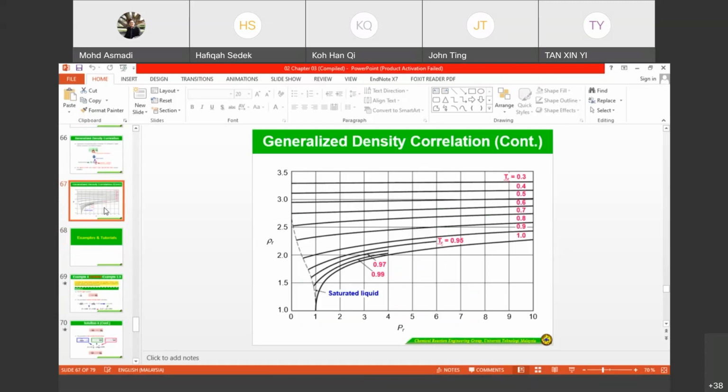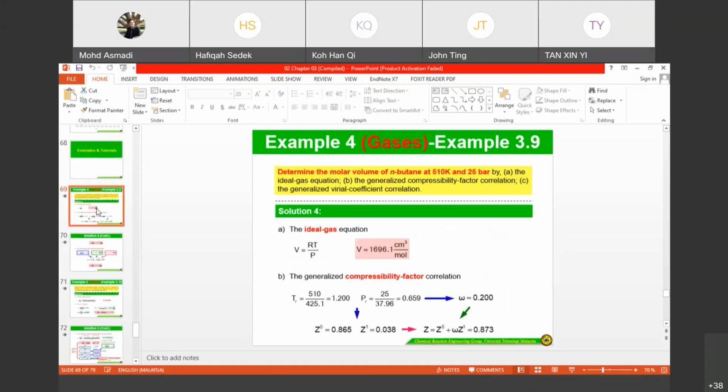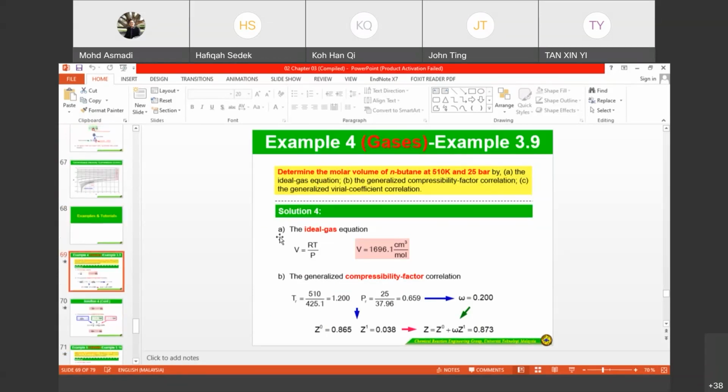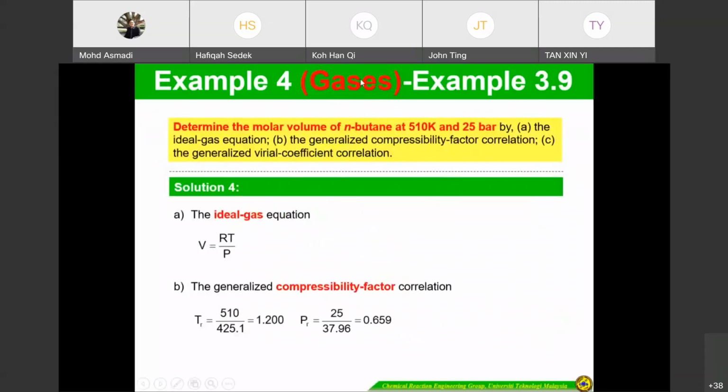Okay, let's do the tutorial together. I think this one is easy, right? Determine the molar volume of n-butane at 510 Kelvin and 25 bar.